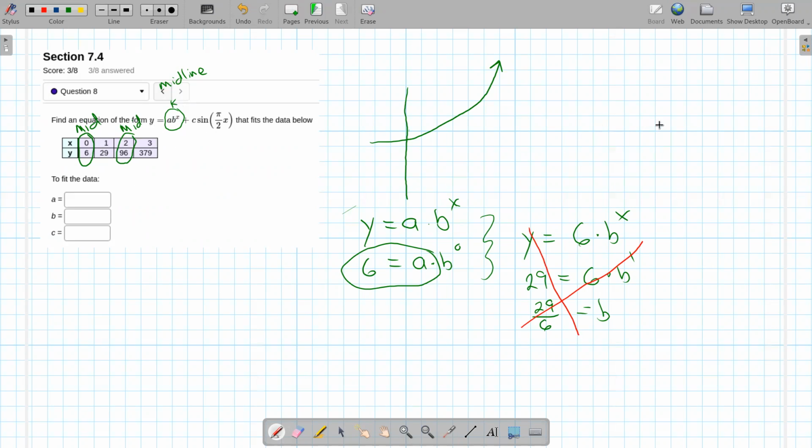Incorrect guess there. We still definitely start there. So we know a is 6. So now we have y equals 6 times b to the x, and we're going to use the 2, 96 point. So 96 here, 6 times b to the second power, divide by 6.